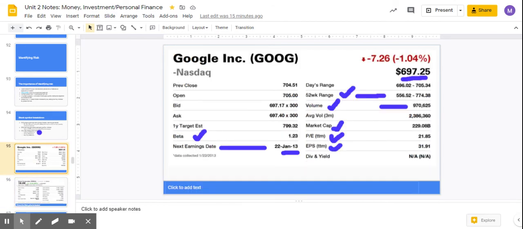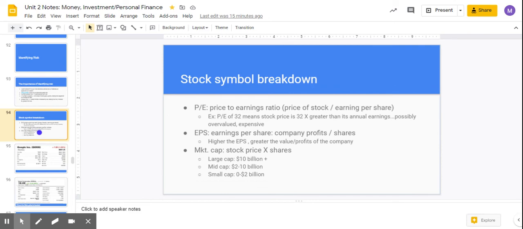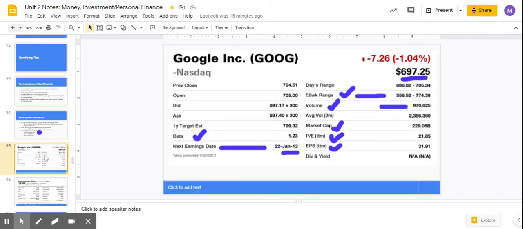For Google, it's up $31.91, which means that it's doing really well, and therefore the company's highly valued, its profits are doing well, and it's a highly valuable company. So one takeaway here with EPS is that the higher the EPS, the more valuable the company is, but therefore the higher the stock price.